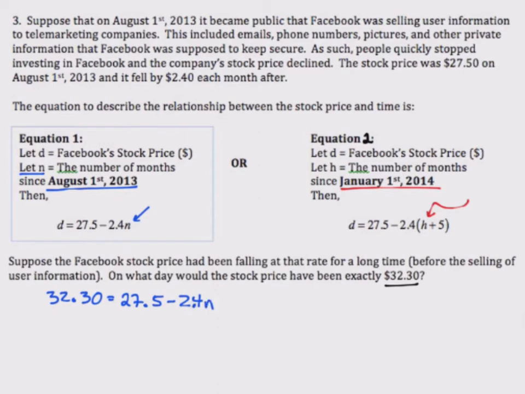And in our second equation, we're going to have 32.30 equals 27.50 minus 2.4 times (H plus 5), where H represents the number of months since January 1st, 2014. So why don't you go ahead and solve the blue equation for N and the red equation for H, and then determine on what day the stock price would have been $32.30.